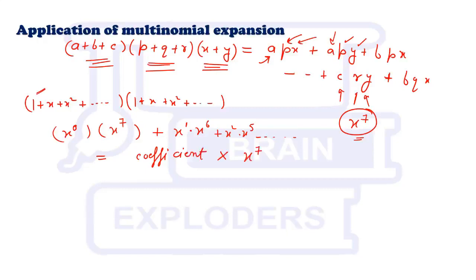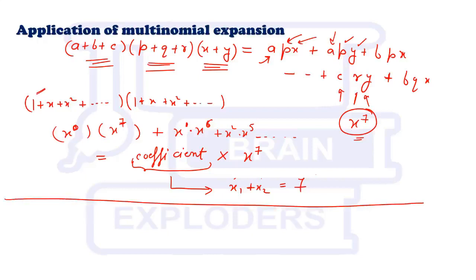This coefficient is helpful for us. How? What does this coefficient represent here? Indirectly we are writing all the possible ways in which x1 plus x2 equal to 7 can be written, meaning all the possible integral solutions of x1 plus x2 is equal to 7. So this coefficient represents the number of possible integral solutions of x1 plus x2 is equal to 7.